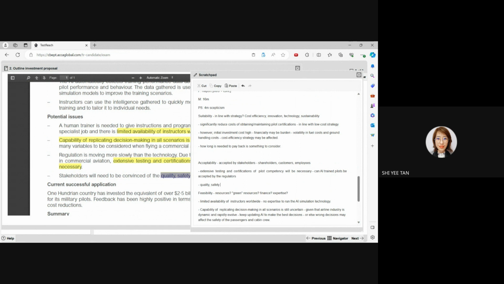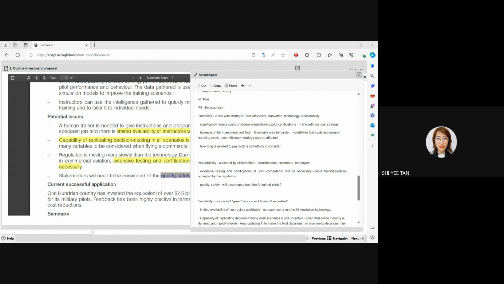In terms of quality and safety, if they don't trust, they will change to another airline, they will not choose your airline to fly. That is very significant. It will affect the demand.